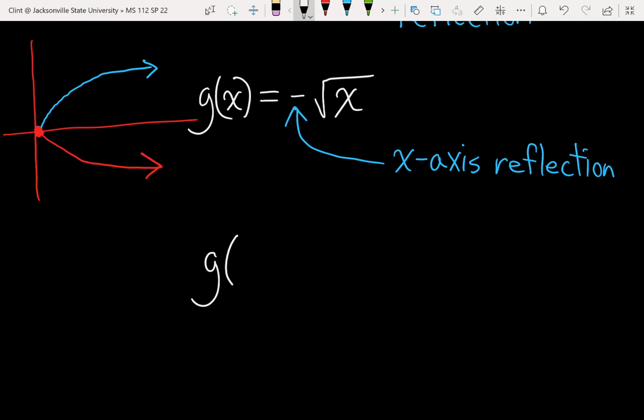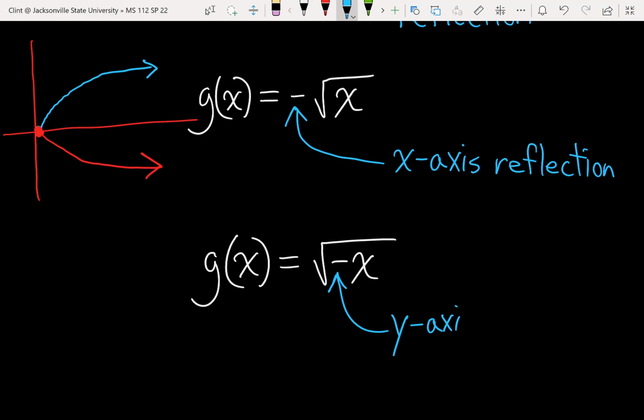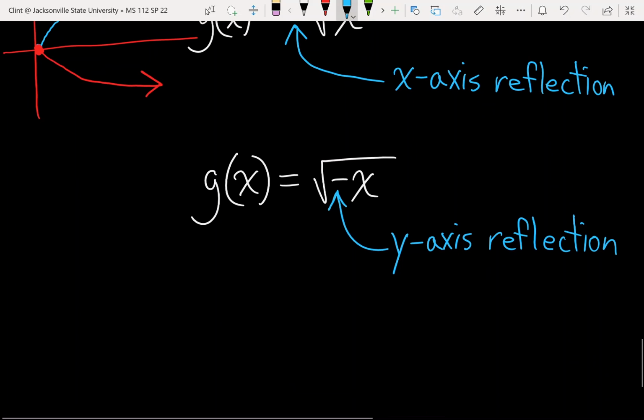If we move the minus sign to the inside, so we would have square root of negative x. And since the minus sign's on the inside on this one, that's a y-axis reflection. Okay.